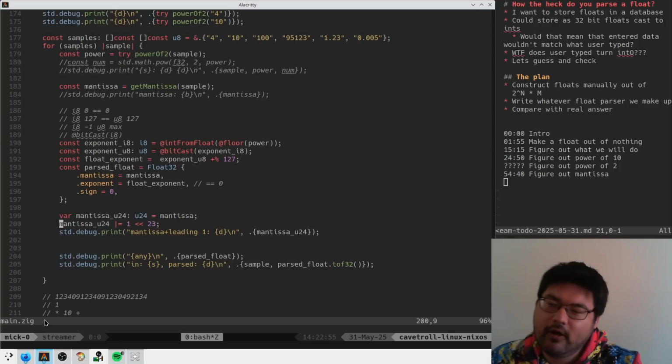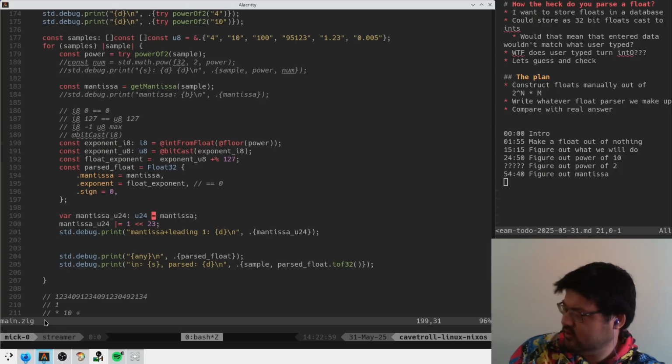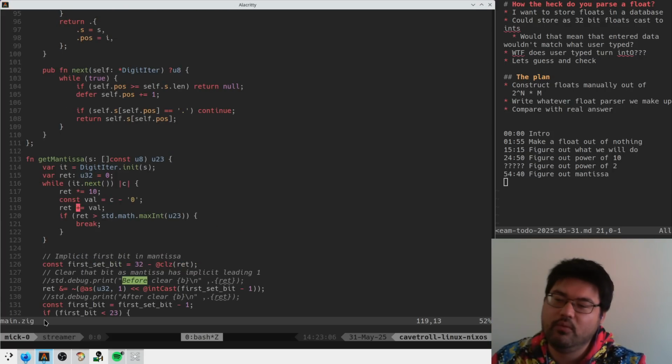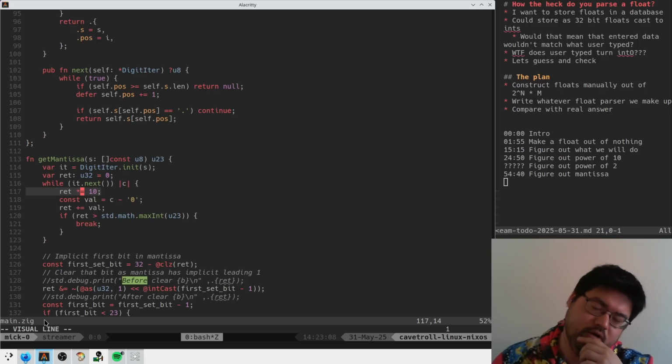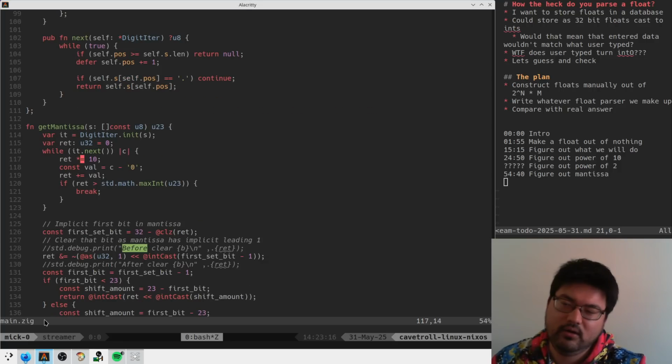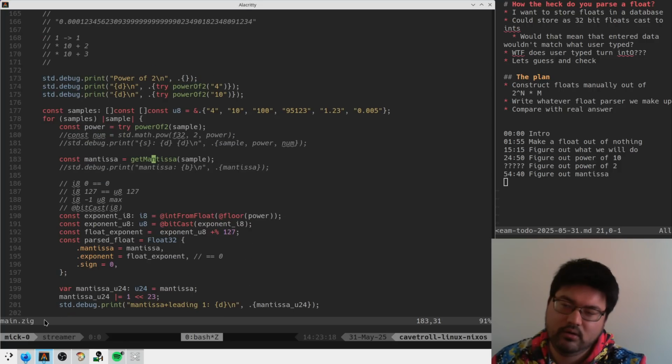Oh, I guess our mantissa parsing, is that wrong in some way? Like, is the fact that we're always times-equaling 10 wrong here? I wonder. Yeah, it could be something like that. Could be. Let's think about this.